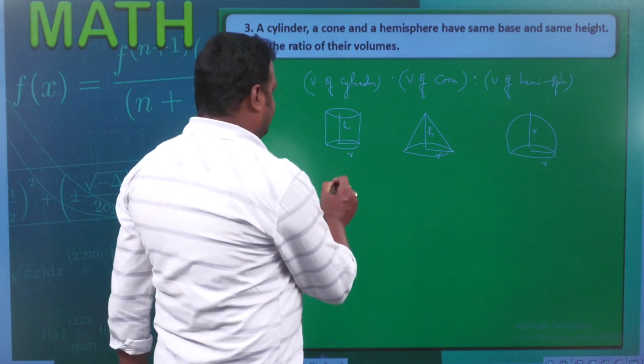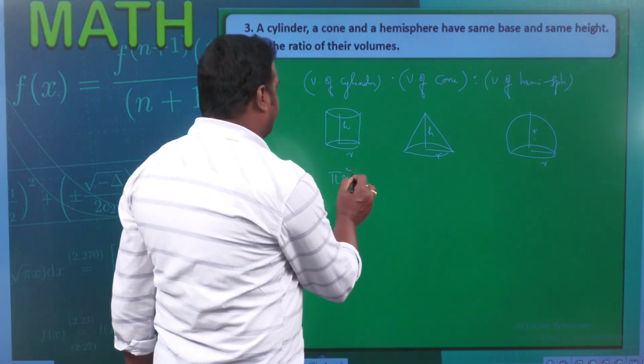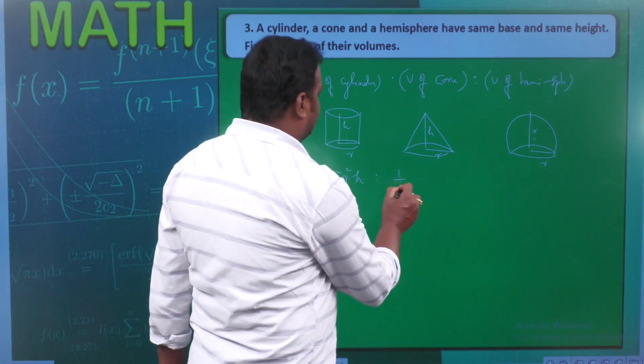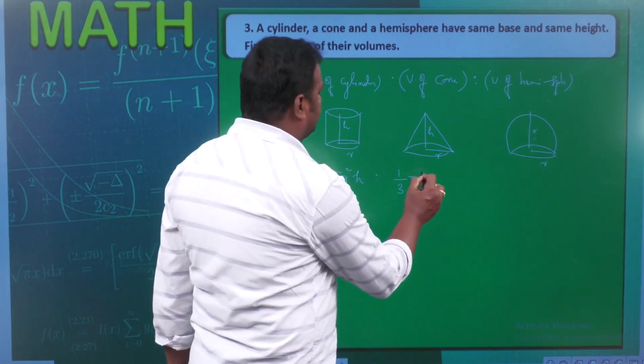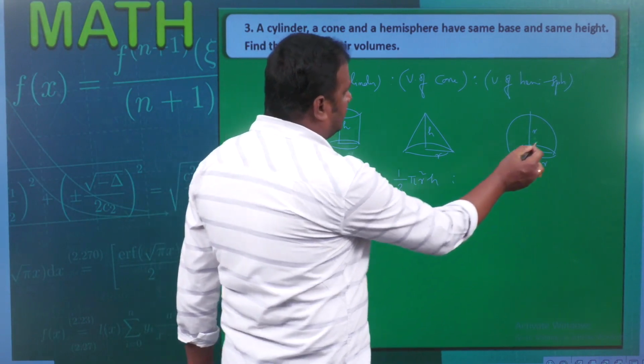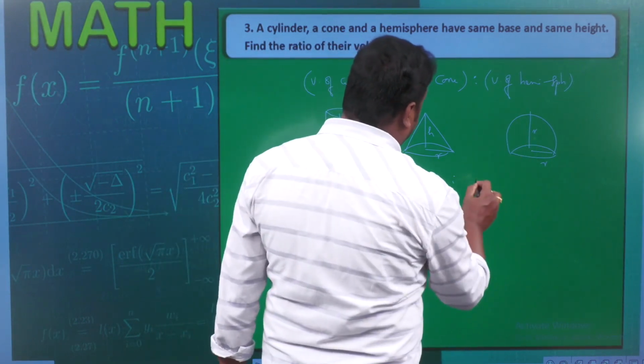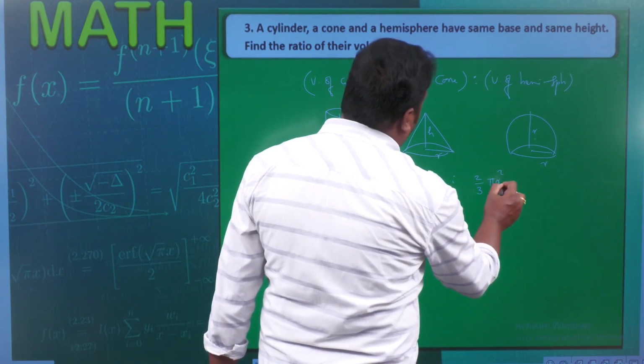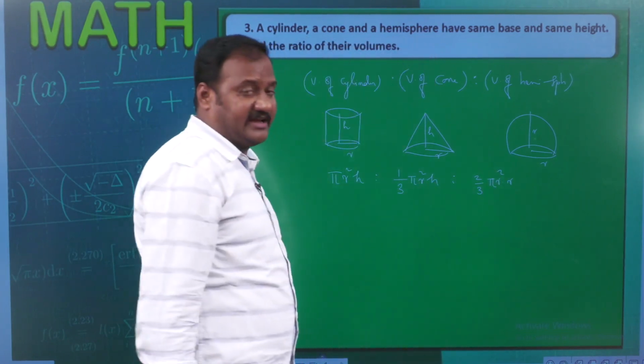Volume of the cylinder is pi r square h, is to volume of cone, which is equal to 1/3 pi r square h, is to volume of hemisphere, which is equal to 2/3 pi r square into r. That is pi r cube, right?